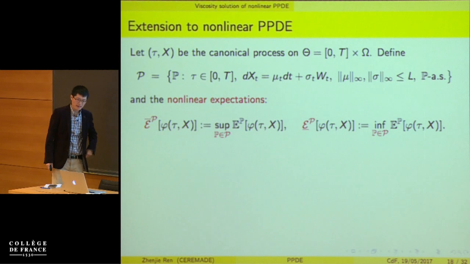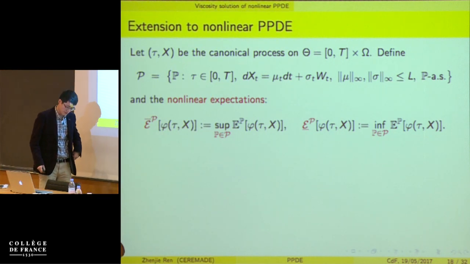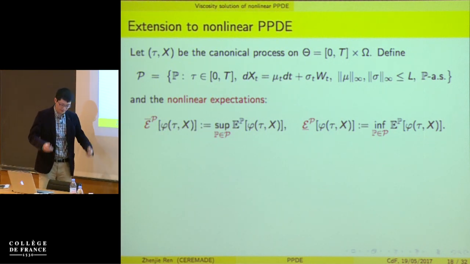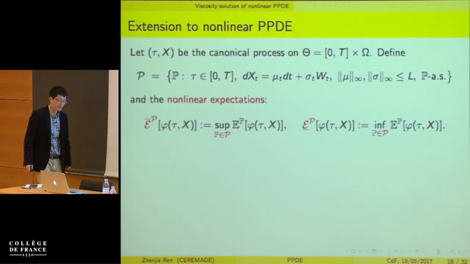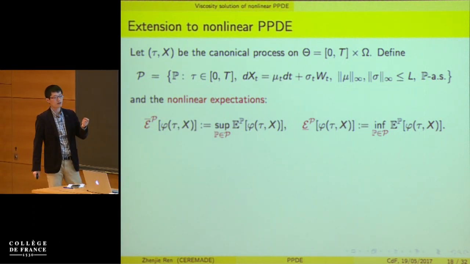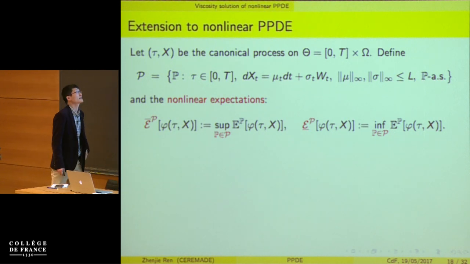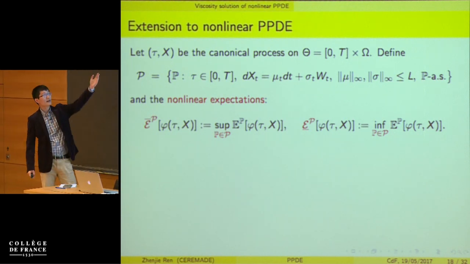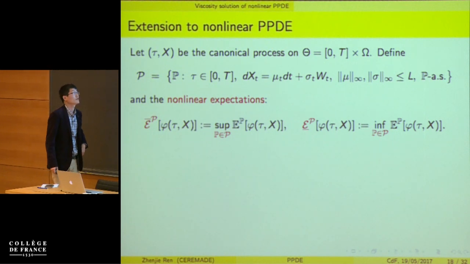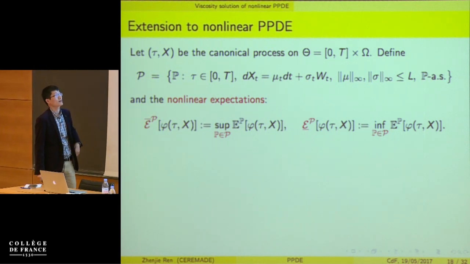Recall that in the definition for the heat equation, we use the optimal stopping, the maximum over tau, and then the expectation under P naught. We will replace this operator by the nonlinear expectation, E round, defined as the sup over all the probabilities in the family P round.